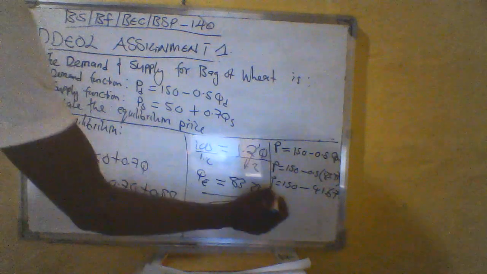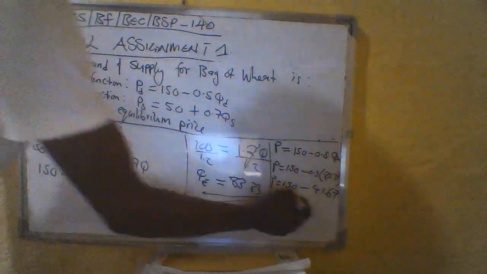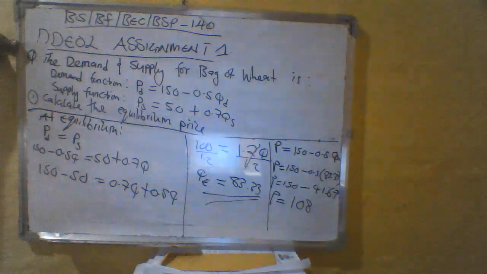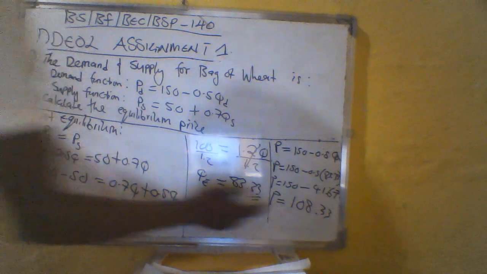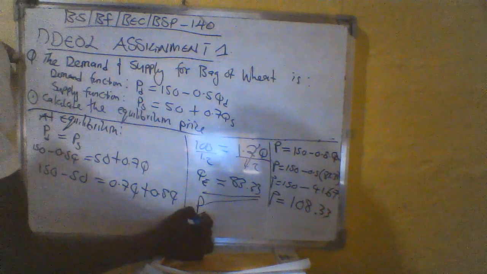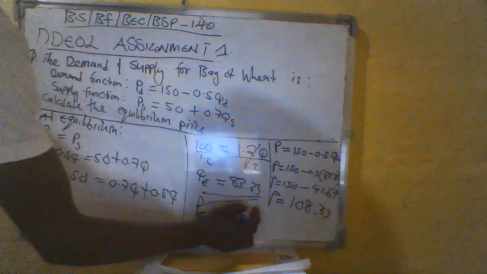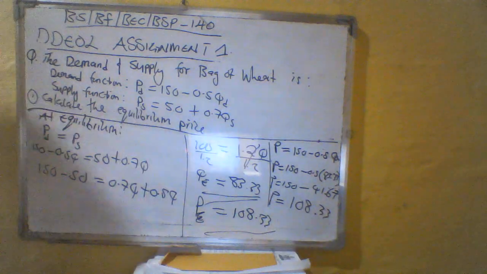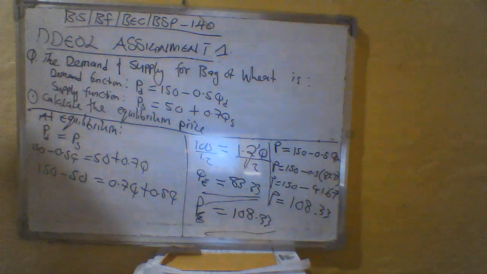When we subtract from 150, the value of P in this case will be 108.33. So what we are looking for here, which is our equilibrium price, will be equal to 108.33. That's the equilibrium price. And you are done for question 1.